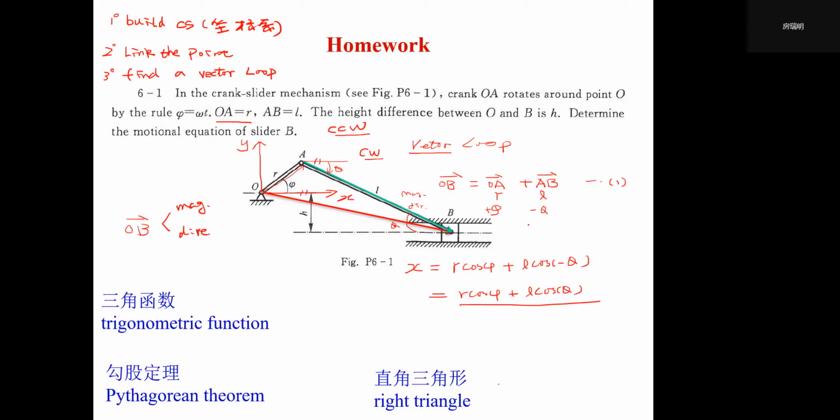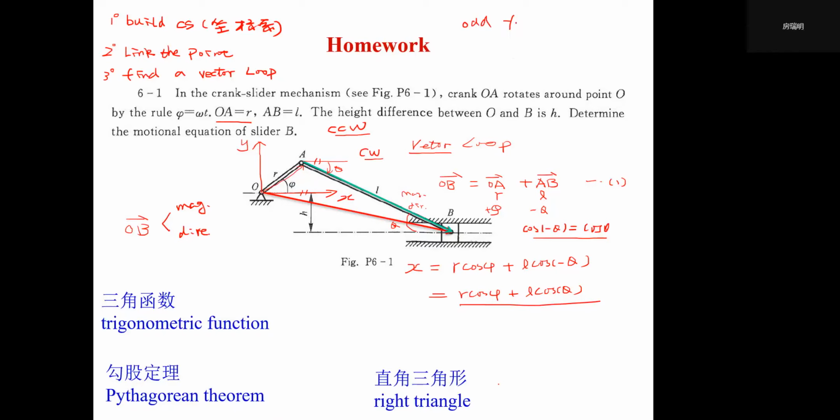You don't know why cosine of minus theta equals cosine theta, right? Do you know the concept of an odd function? Actually, this is a mathematical knowledge point.